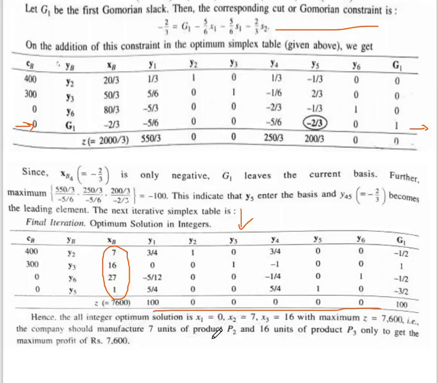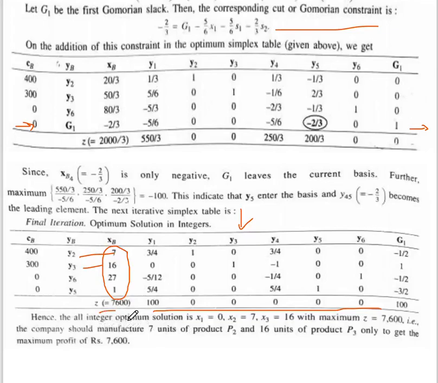So here x1 is 0 because y1 is absent, x2 is 7, that is y2 is 7, then x3 is 16, that is y3 is 16. In this way we can find the optimum solution, and the maximum value of z is 7600.